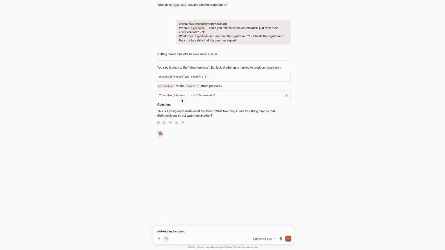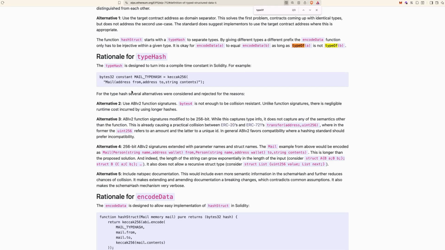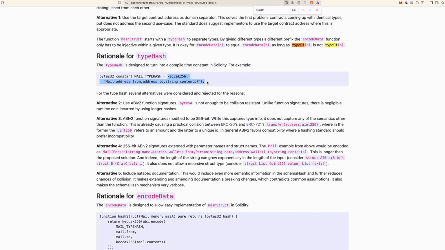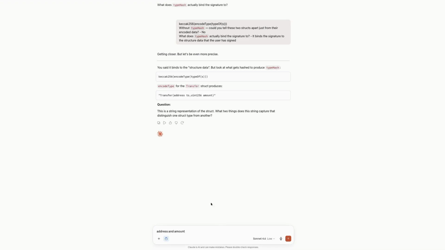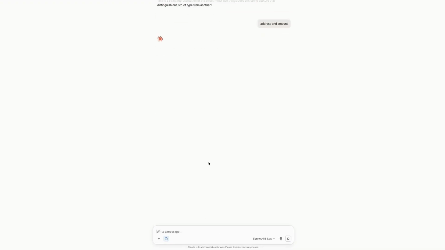You said it binds to the structure data, but look at what gets hashed to produce typeHash. Those are the field values, but look more carefully at the string itself. What comes before the parenthesis and what's inside? Is it just the values or something more?